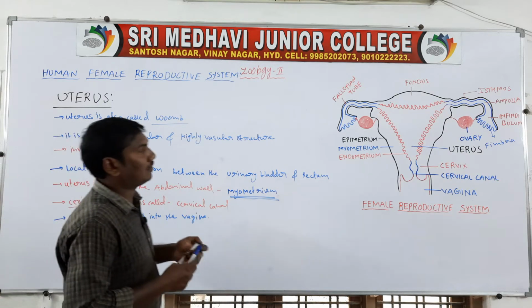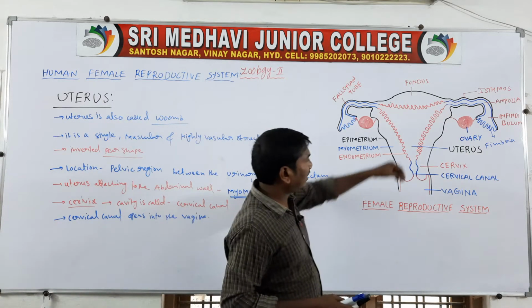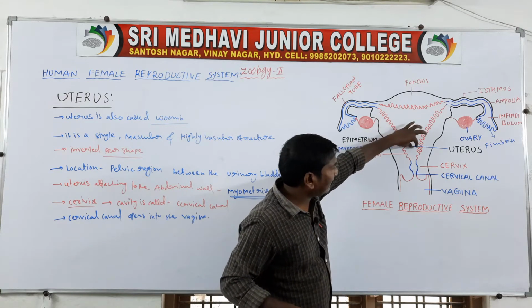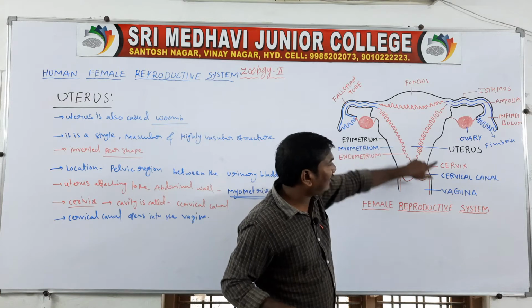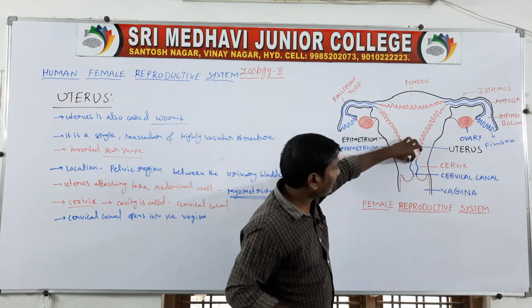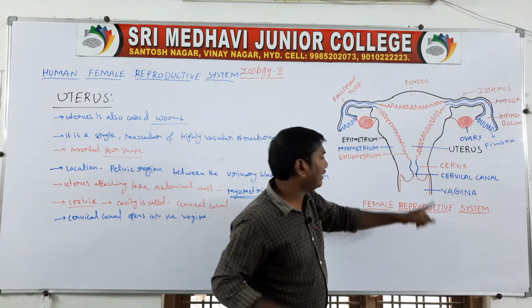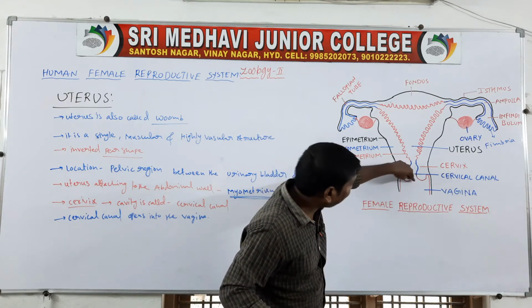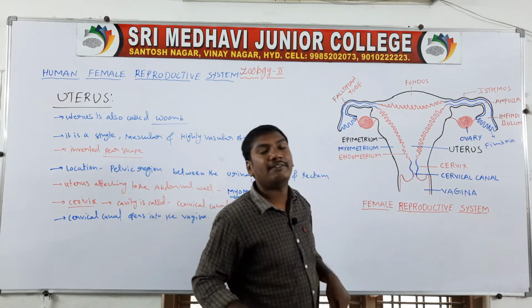Once again, the posterior region of the uterus is a narrow structure called the cervix. The cervix contains a cavity called the cervical canal. The cervical canal opens into the vagina.